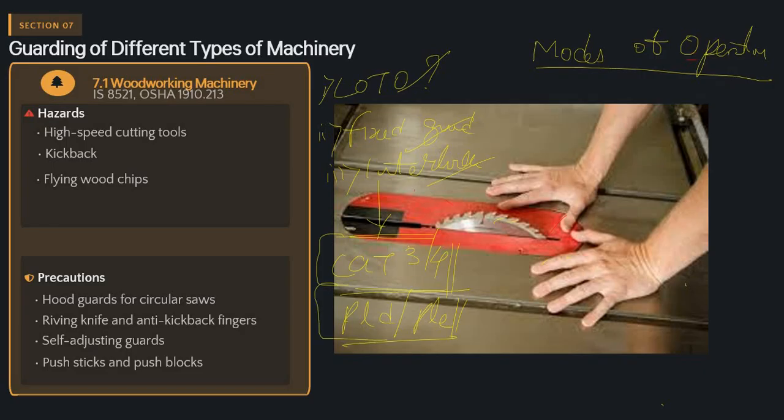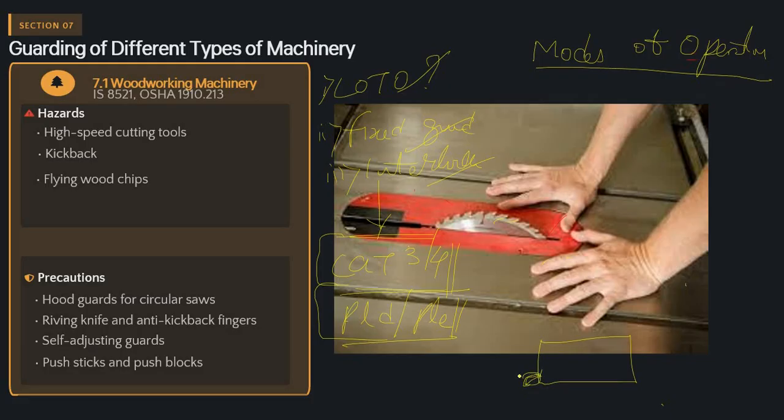Why I am saying this: I saw one industry, and I will not give more detail about that industry. In that industry there were a lot of amputation injuries, finger amputations. They had one guard and also one interlock.